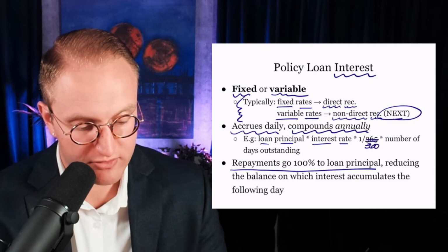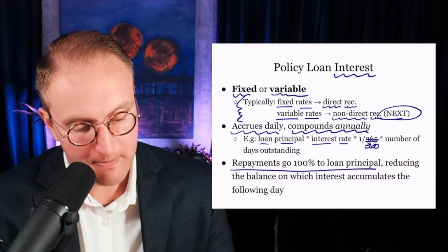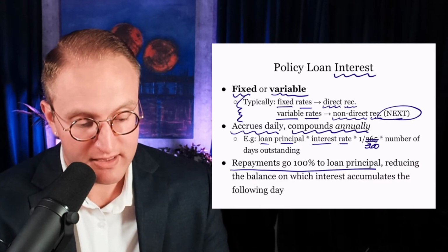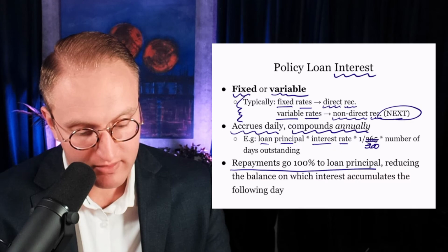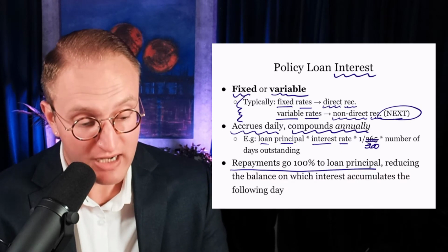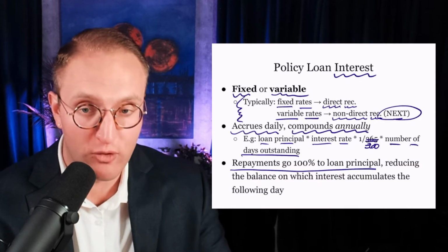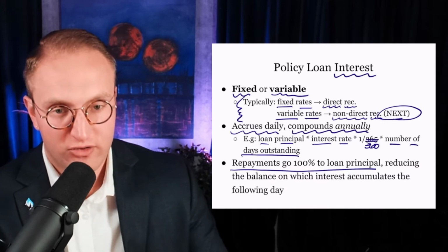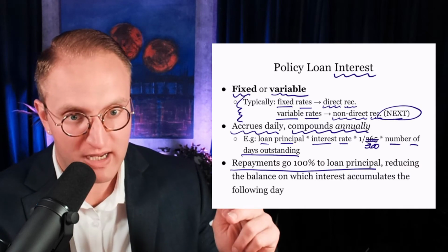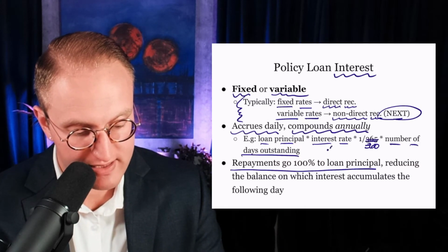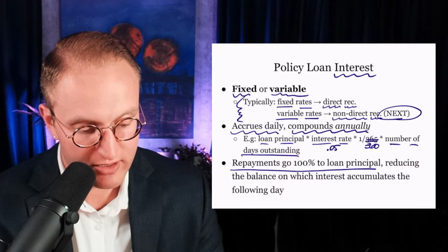Life insurance companies use a 360-day year. Times essentially 1 day, so times the number of days outstanding. That'll be the total interest accrued to that point for that year. So the total interest: principal times 0.05, let's say, times 1/360th.